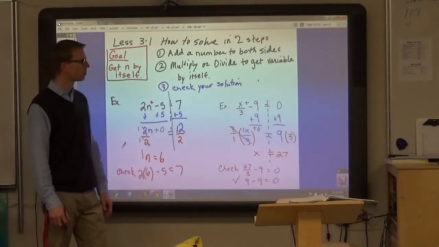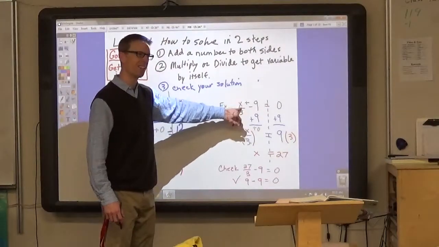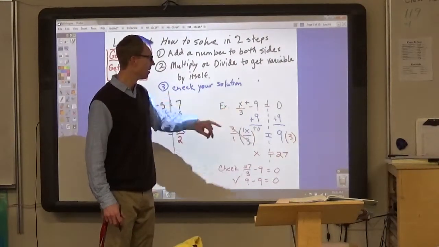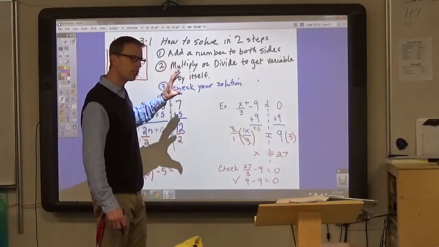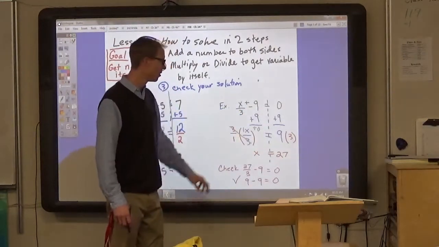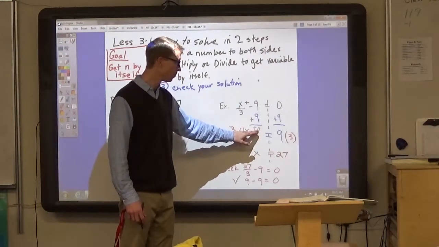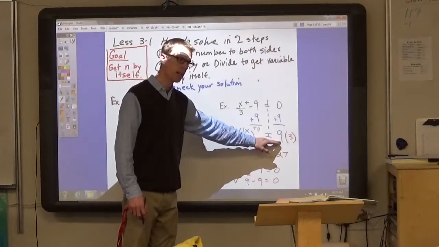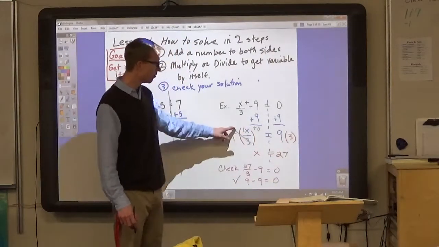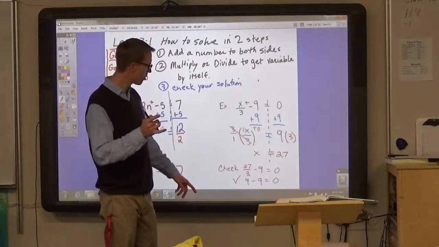Now this type of equation has a fraction in it. And we follow the same procedure as before, getting rid of the negative 9 first. So you add 9 to both sides, which gets rid of the negative 9 and gives 9 on this side. Then, to get rid of the fraction, multiply by its reciprocal.